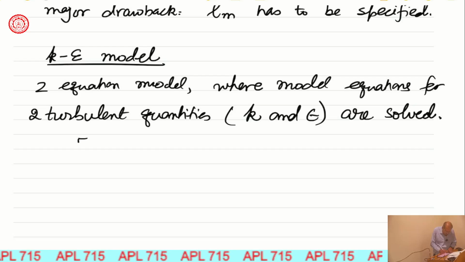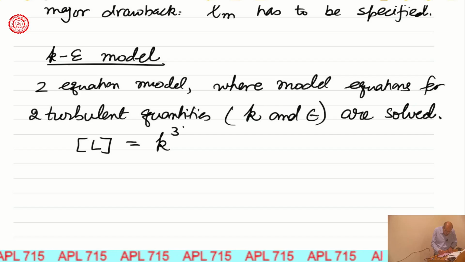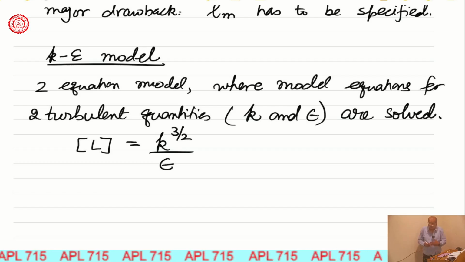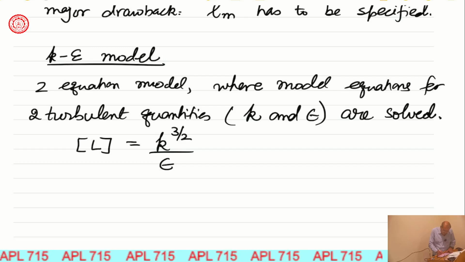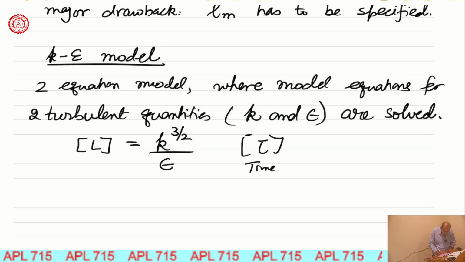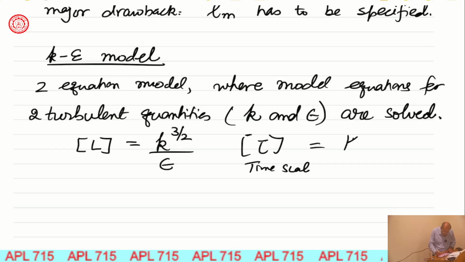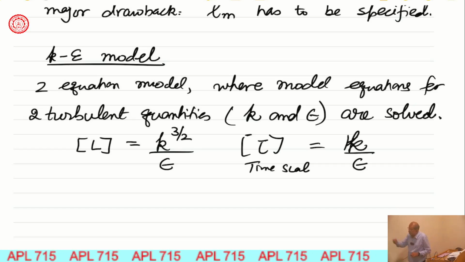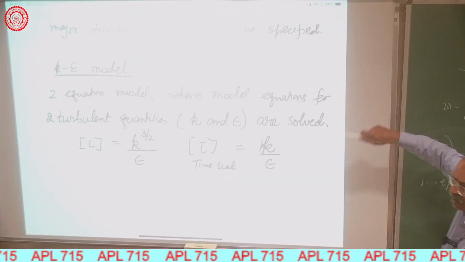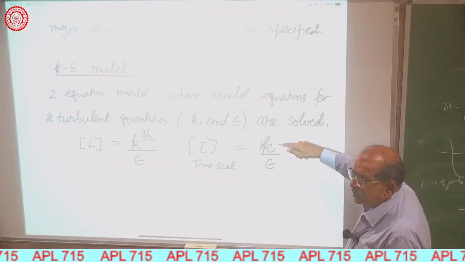Now, a length scale dimension, we have already seen, k to the power of 3/2 divided by epsilon will give us a dimension of length, and a time scale dimension will be k upon epsilon. If you look at k upon epsilon, we saw it in the two classes before, we called it the turbulent time scale.